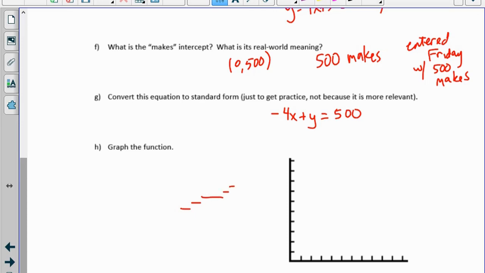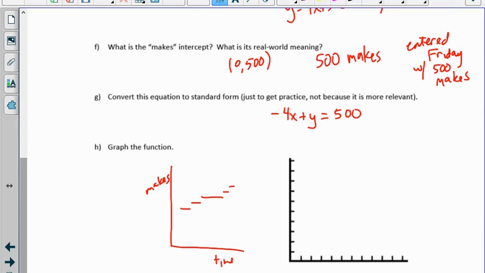Then he makes one, then he makes one. It's actually going to look like stairs, so to speak. If you think about it in terms of like this being the x-axis of time and this being the y-axis of makes, actually makes have to be whole numbers and time is continuous. But that's a little bit complicated for right now. So that's what the graph would actually look like.